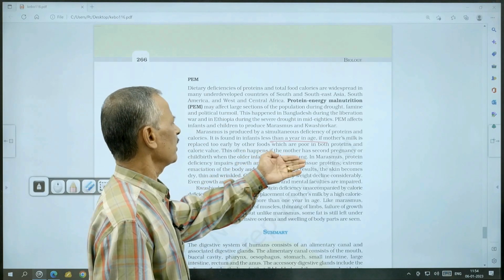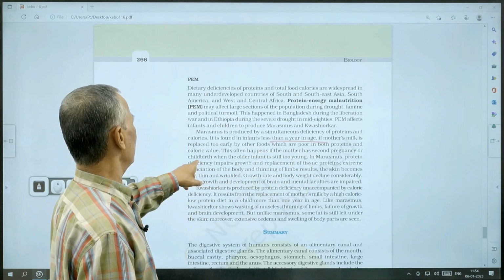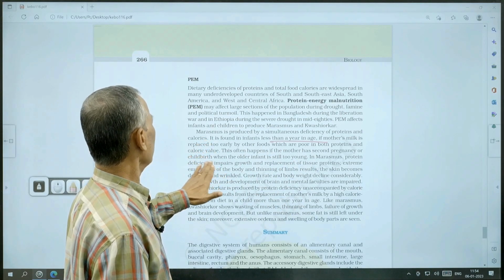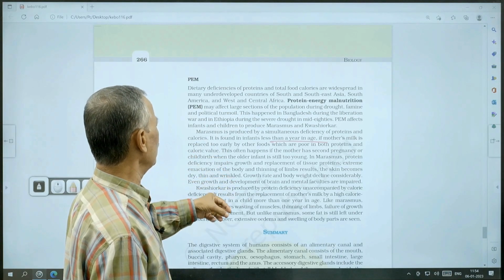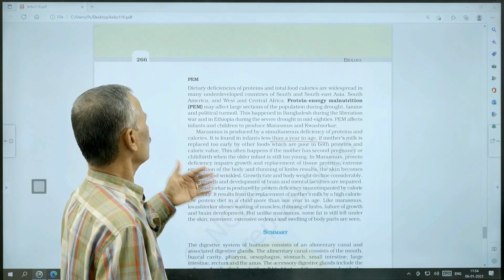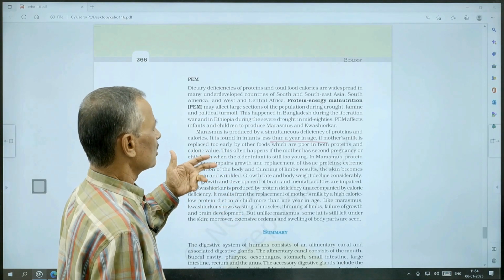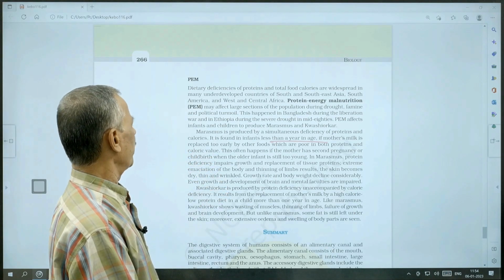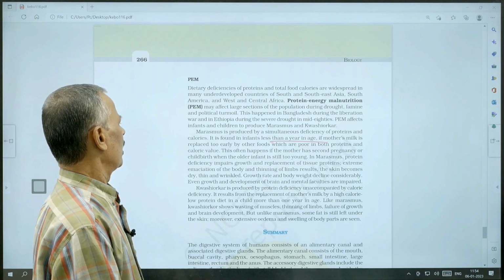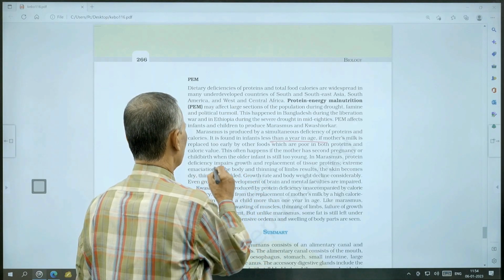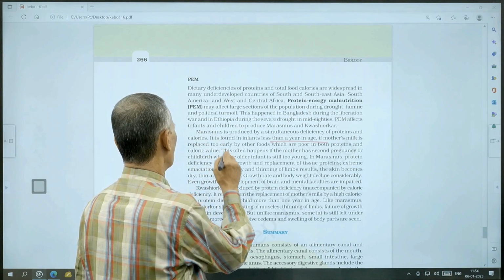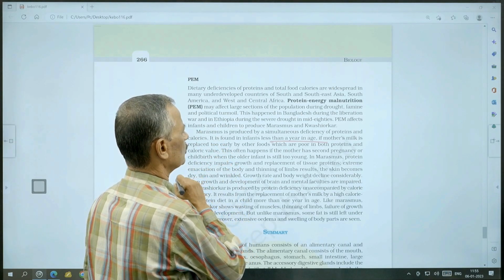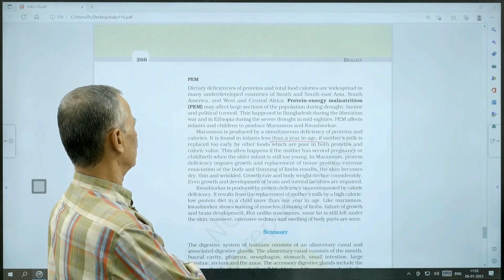If the mother is having a second child soon after the first birth, so they are having two births very quickly, the first child is not getting the mother's milk to the required level, and thus deficiency of protein and calories occurs, which impairs the growth and replacement of tissue proteins.